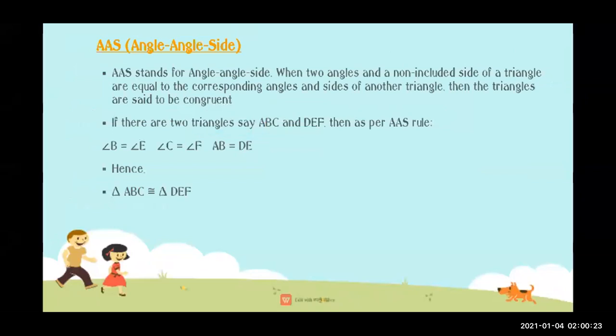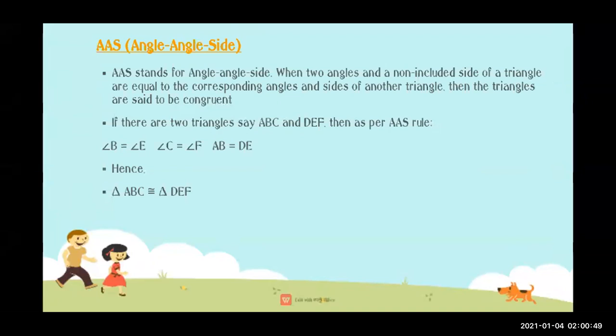Okay, so the fourth one is angle angle side. Now angle angle side means: having two angles and a non-included side of one triangle equal to the corresponding angles and side of another triangle, then those triangles are said to be congruent.